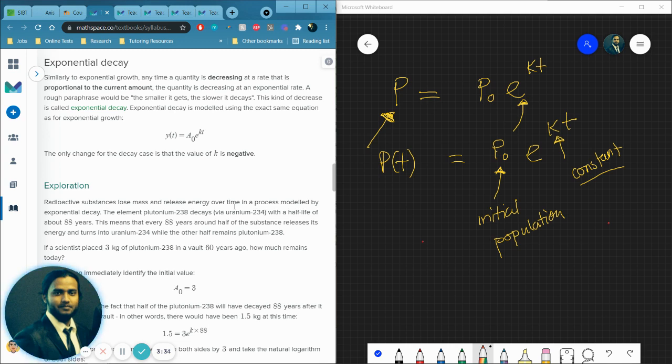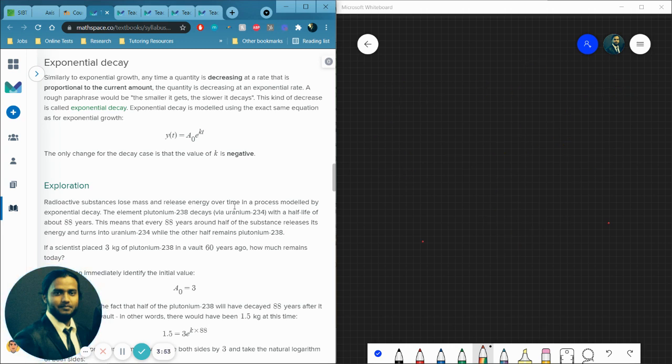If it's negative, it's clearly decreasing. If it's positive, it's increasing. And t is the time. That's everything you need to know about the formula. So how does that play out in real life? We'll go through an example. Let's get straight to it.